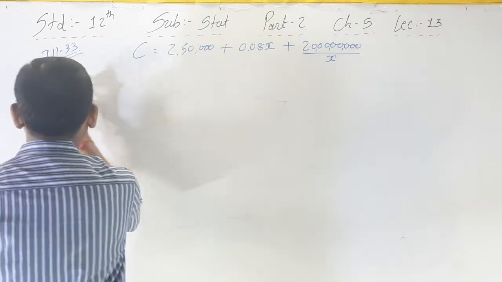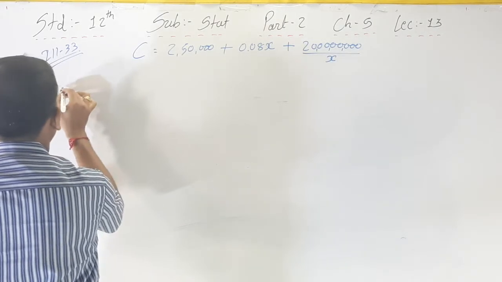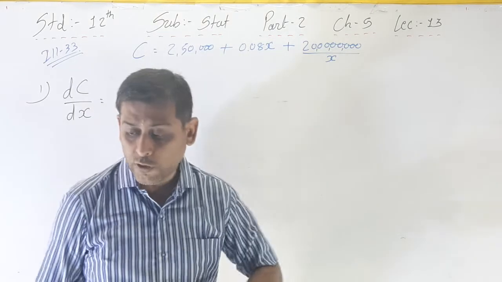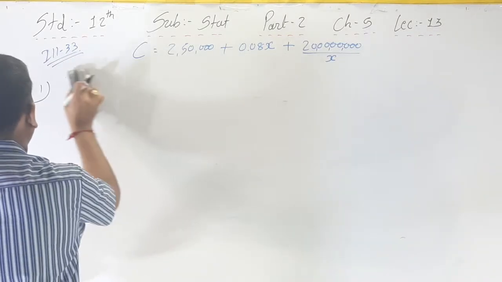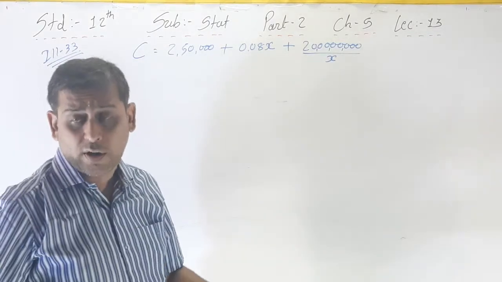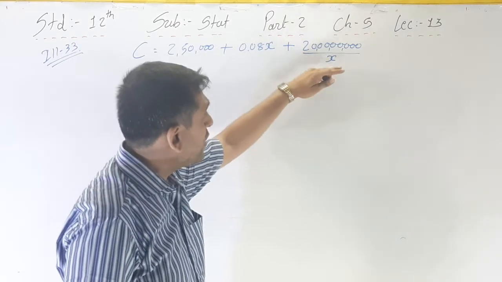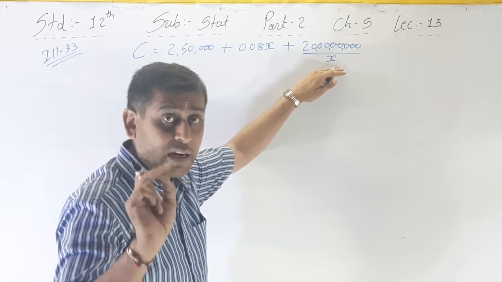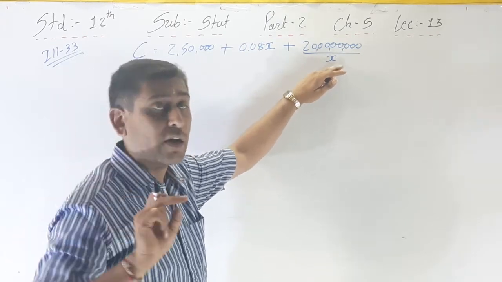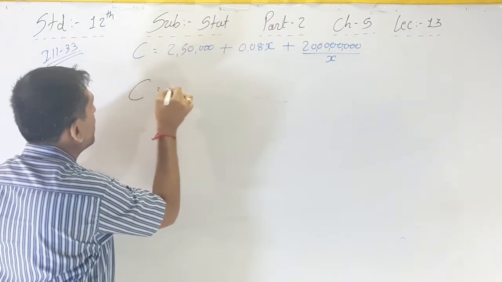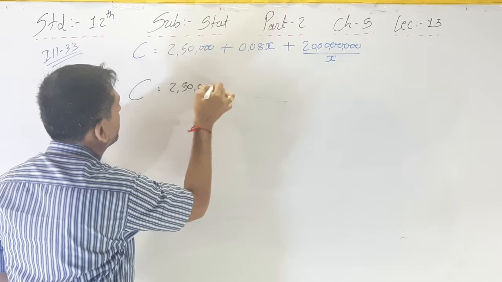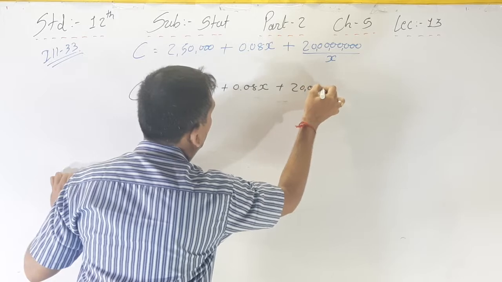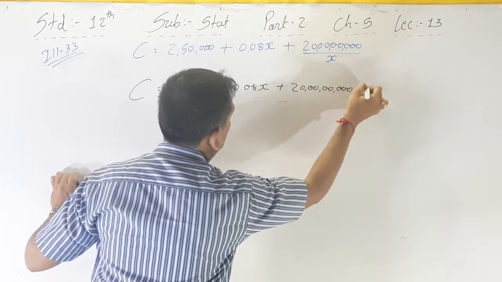Okay, so what is the first step? We have to find dC/dx, but first of all we have to simplify the cost function, because it is given in a difficult mode: x is in the denominator. So first we have to take it to the numerator. The cost function is 2,50,000 + 0.08x + 20 crore x raised to minus 1.